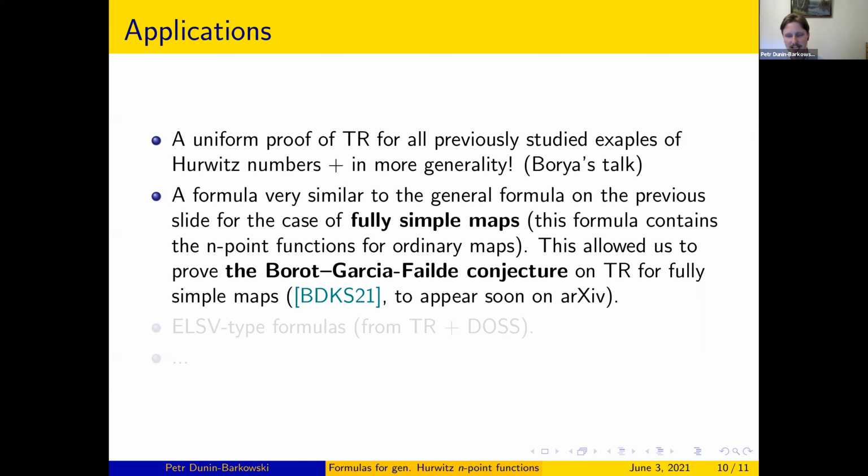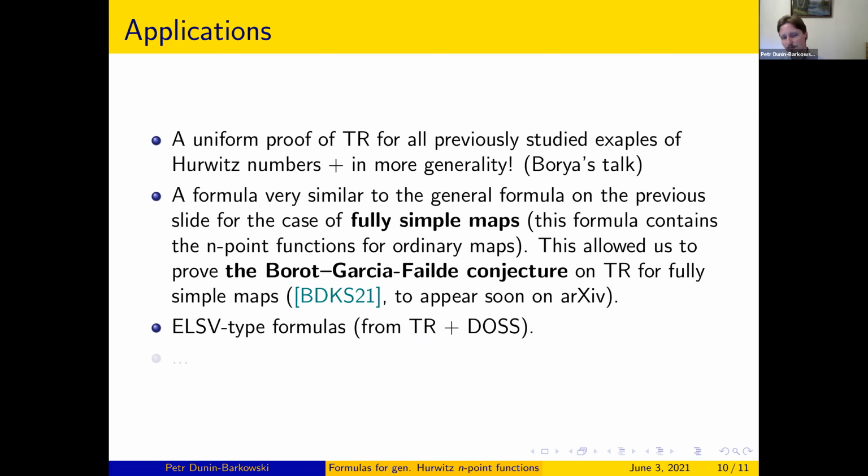We are finishing writing this down, and it will soon appear on arXiv. And also you can use this to get applications for ELSV type formulas, like the ones which Danila mentioned in his talk.